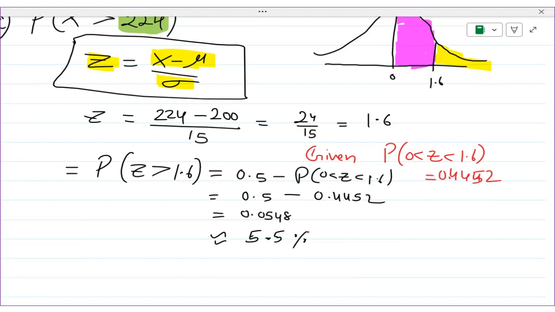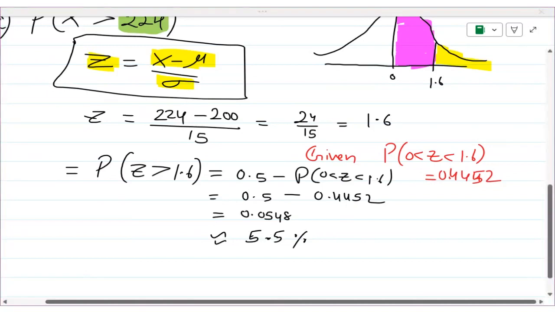The chance is approximately 5.5%. Now you are asked what fraction of the cups will have more than 224 milliliters. It is the same fraction as this probability. So our answer is 0.0548, or 5.5% of the cups will have more than 224 milliliters of soft drink.